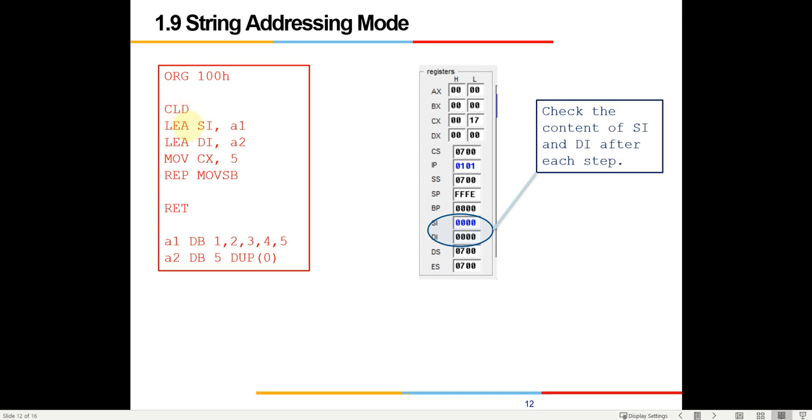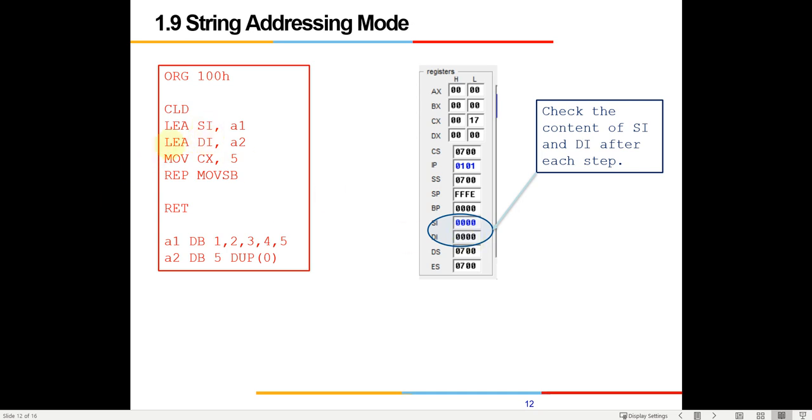Now when I write LEA SI, A1, whatever offset value the compiler has decided comes into the SI register. And when I write LEA DI, A2, whatever the compiler has decided for A2 would come into DI. Once you run the program, you can see the value in SI and DI.